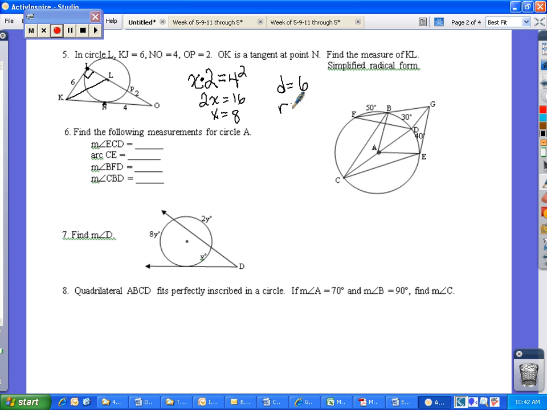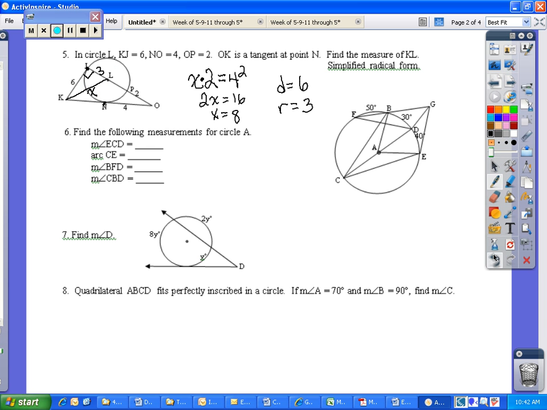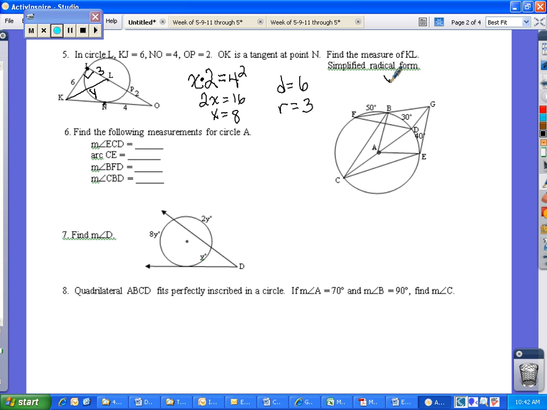That means my radius is 3. And if my radius is 3, then I'm going to use the Pythagorean theorem to find the measure of KL. Well, let's use a y, because we already used an x in this problem. So let's say that this is y. So y squared equals 3 squared plus 6 squared. Therefore, y squared equals 9 plus 36, so y squared equals 45.